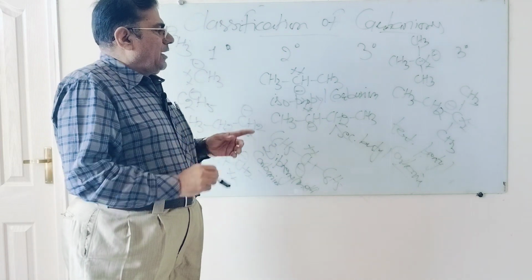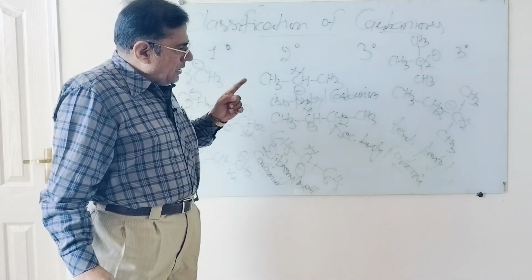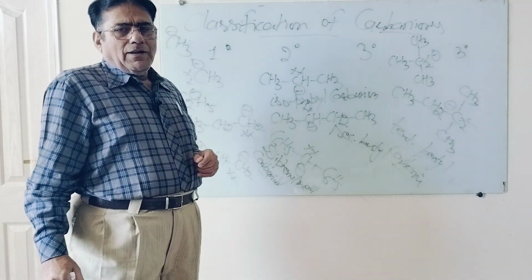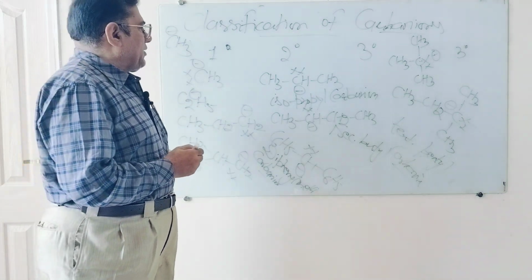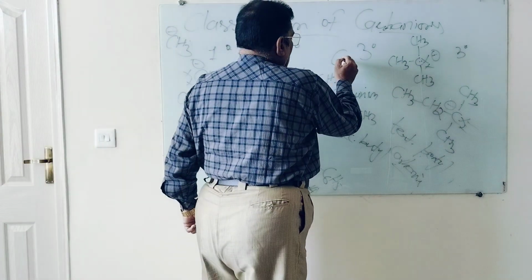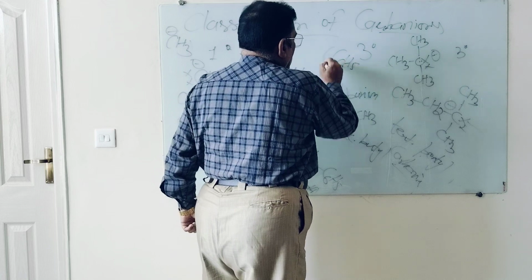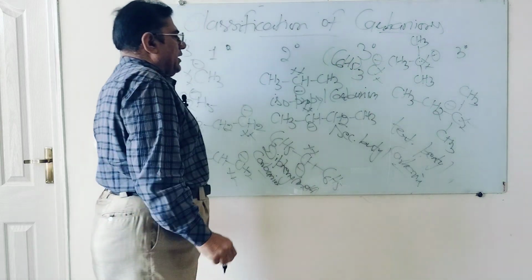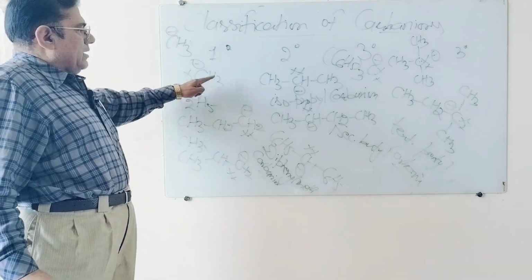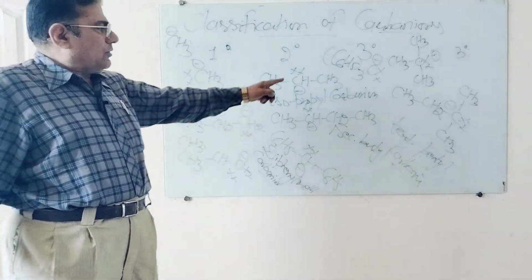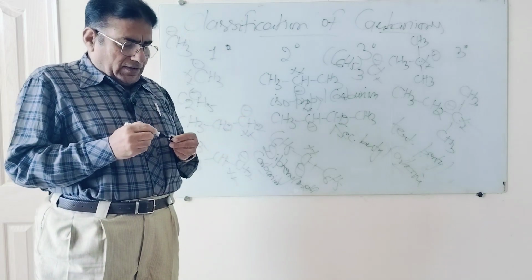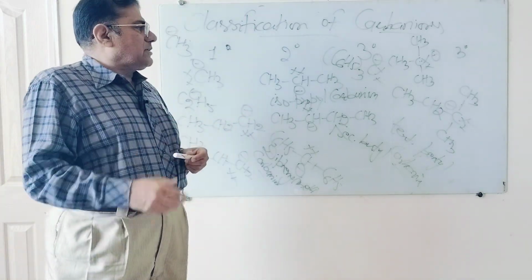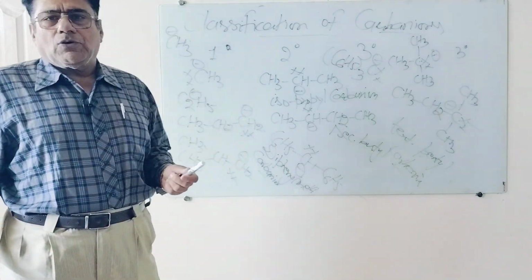So 3 degree: tertiary butyl, tertiary pentyl, and one carbanion which I have repeated many times in carbocation, triphenyl methyl carbanion. If you replace all 3 hydrogens of this carbanion by phenyl groups, that is also 3 degree, in which the negative charge carbon is attached to 3 phenyl groups.